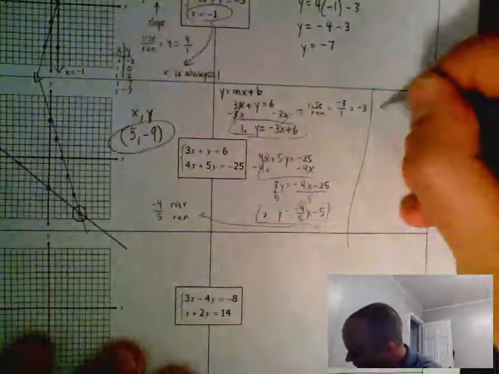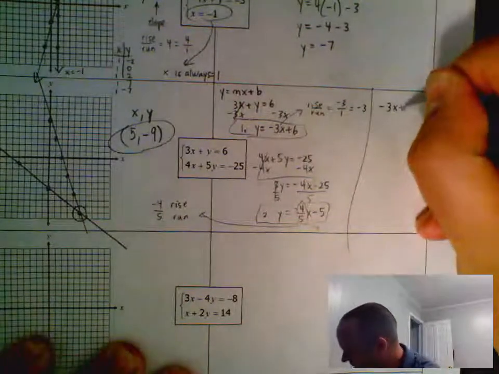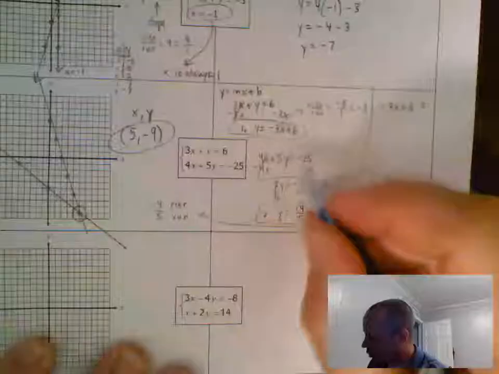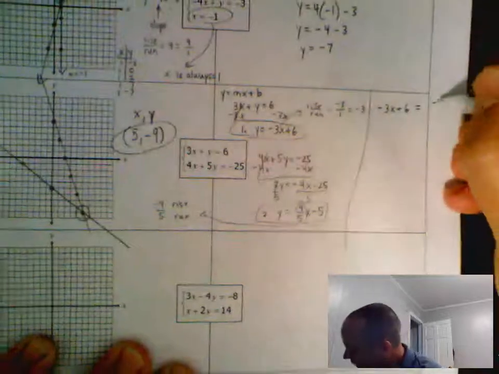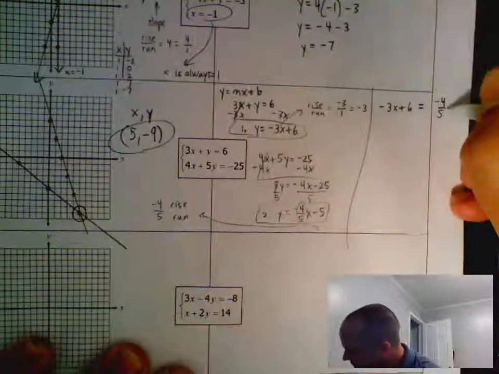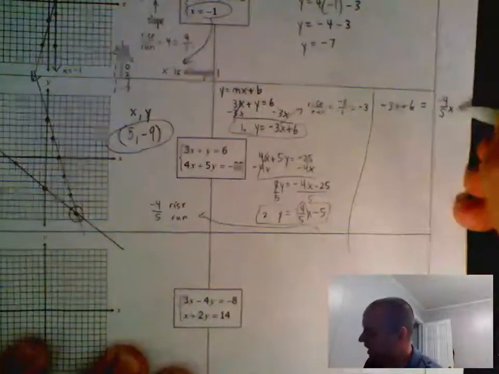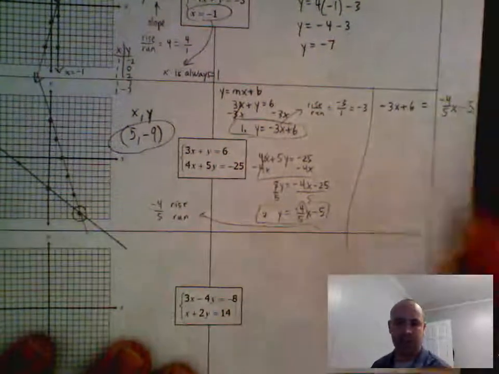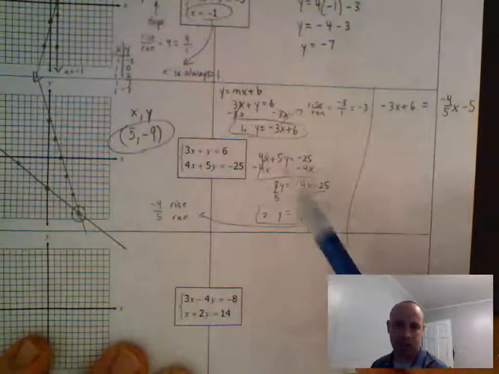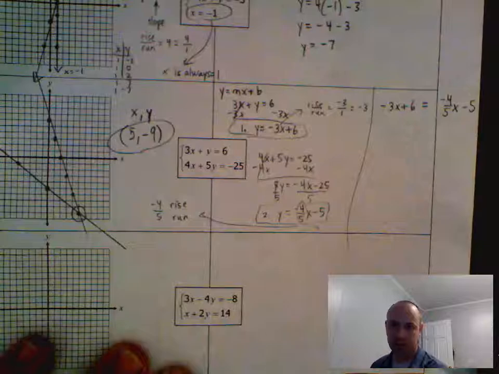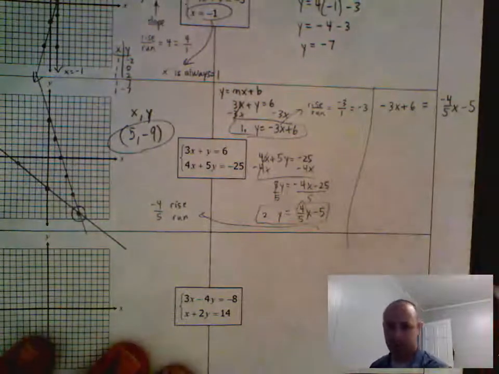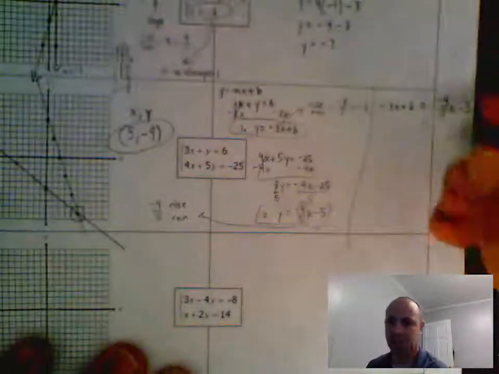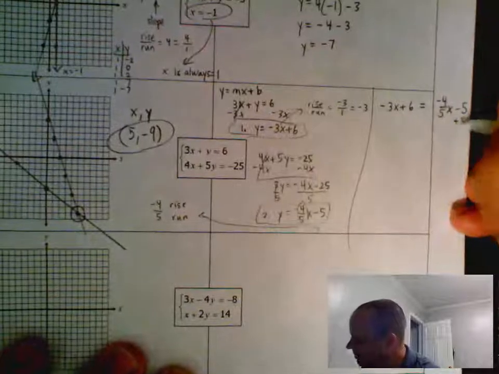So I just take this first one, negative 3x plus 6, and set it equal to negative 4/5 x minus 5. And so I just set this equation equal to this equation, okay? And then there's a whole bunch of things we can do here. Let's start by adding 5 to both sides.